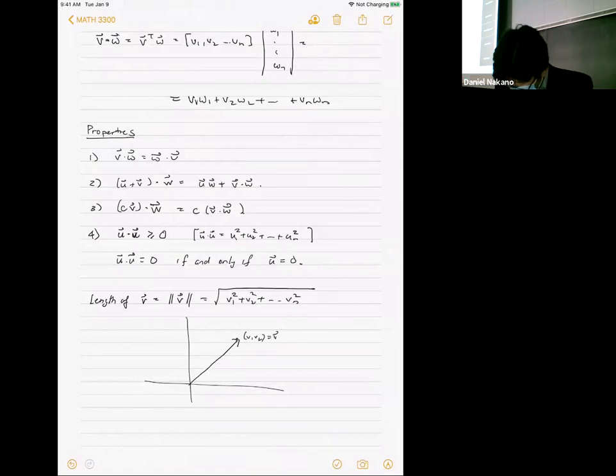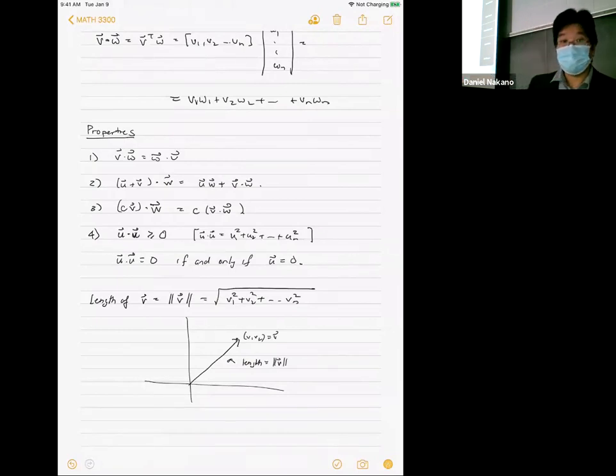So the length is the square root of the sum of squares. Any questions? All right, we'll stop here and continue on Wednesday with more about dot products and orthogonal matrices.